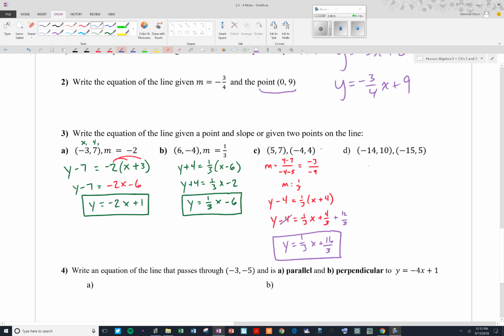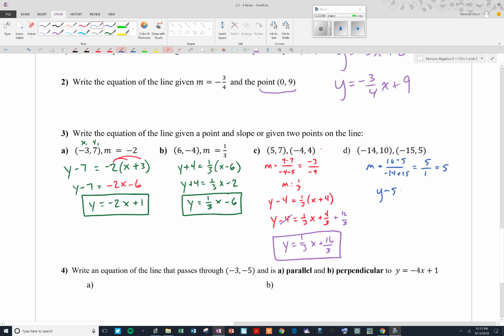Last example here. This time I'm going to go 10 minus 5, just change it up a little bit, and negative 14 minus negative 15. And that's going to give us our slope of 5 over 1, which is just 5. So we have y minus, again, you can pick any point.